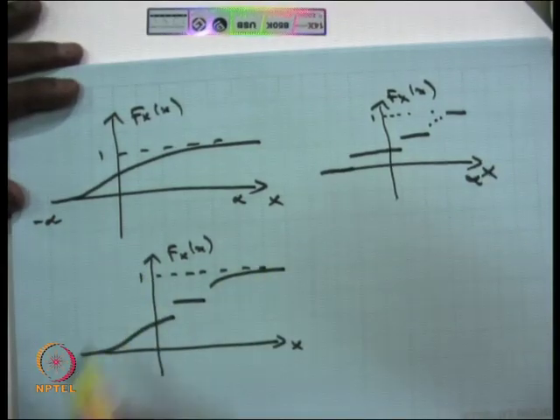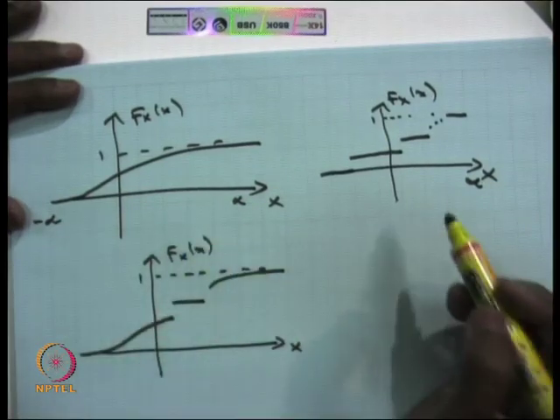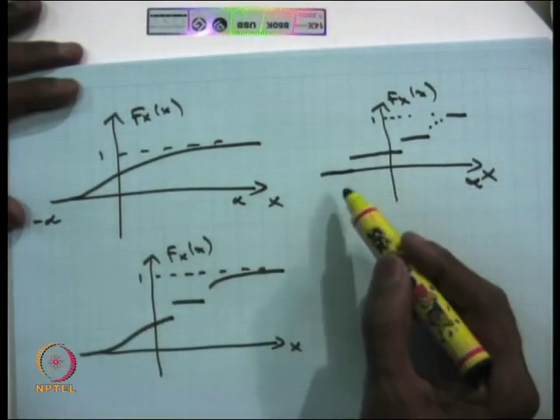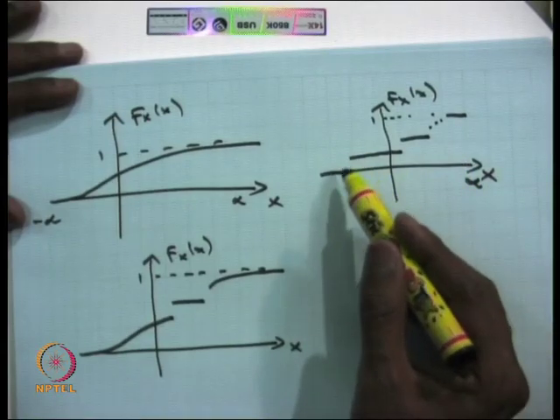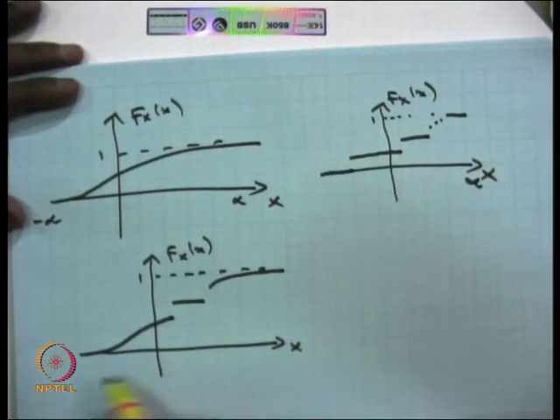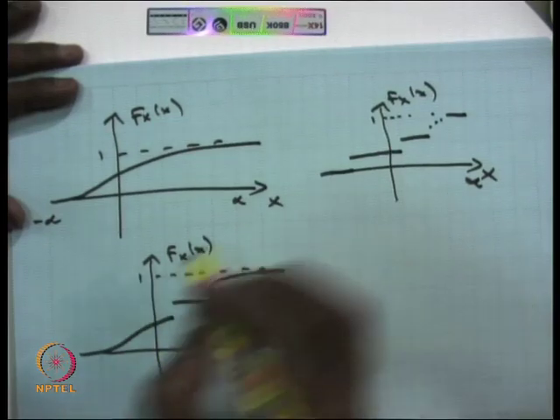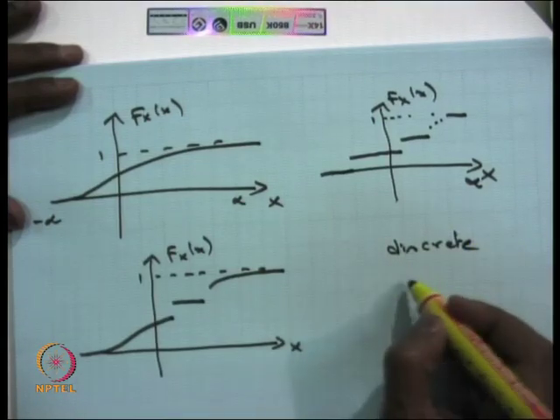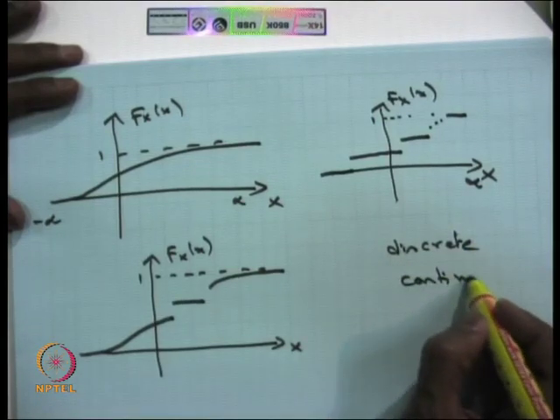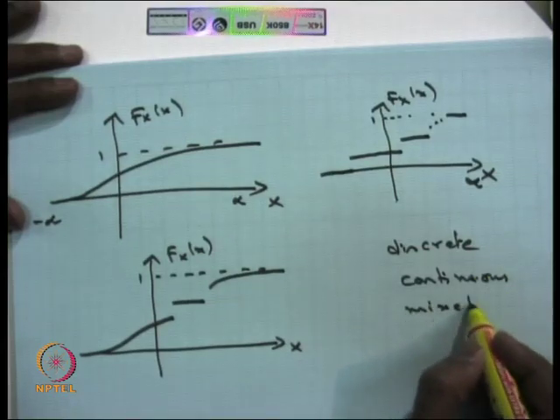So, the CDF is either a continuous function from minus infinity to infinity, or it has countably finite or countably infinite jumps, or it has both types. Then you can classify the random variable as a discrete random variable, continuous random variable, or mixed type random variable.